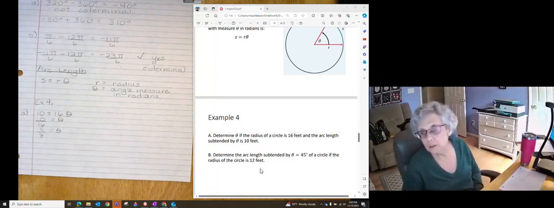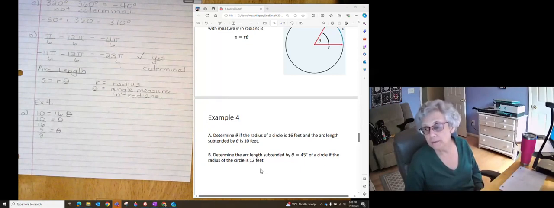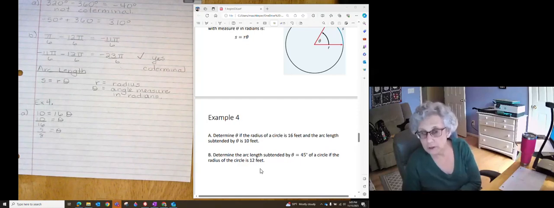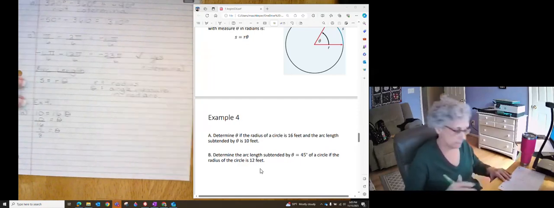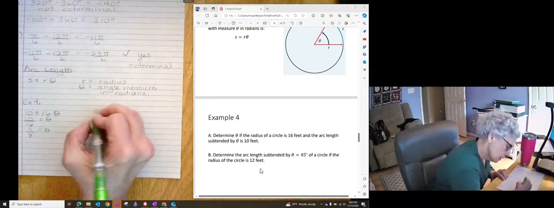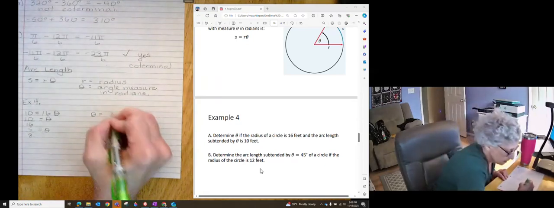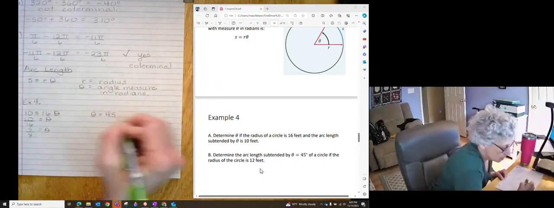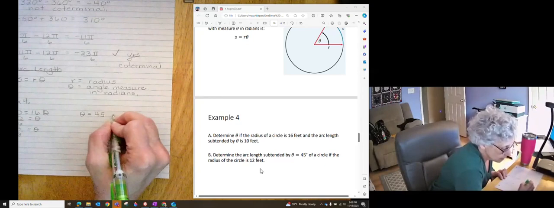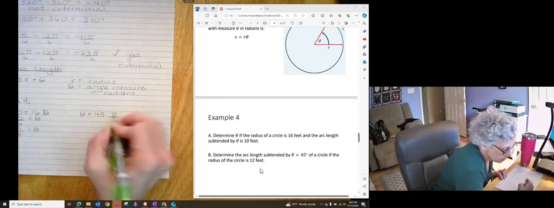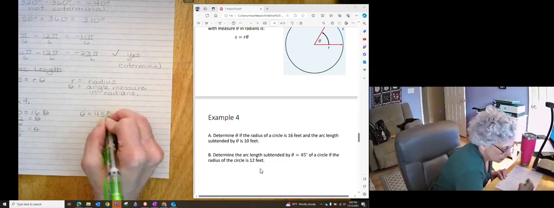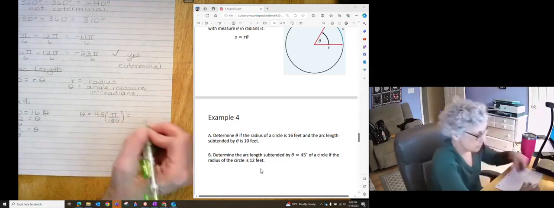B, we want to determine the arc length subtended by a 45-degree angle of a circle, and the radius is 12 feet. Okay, so we need to write theta with radians, and it's actually in degrees, so I'm going to multiply this by pi radians over 180 degrees.